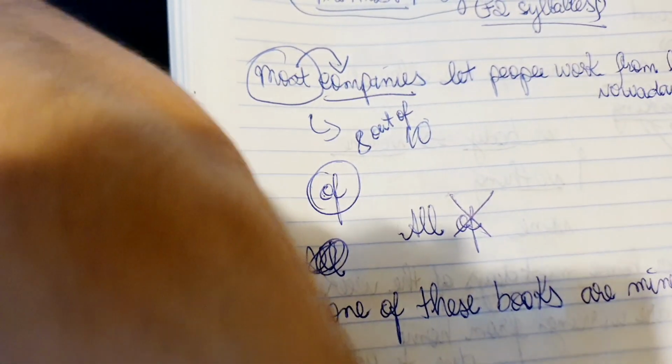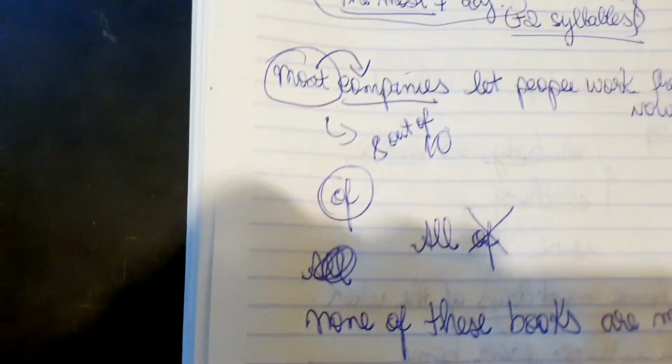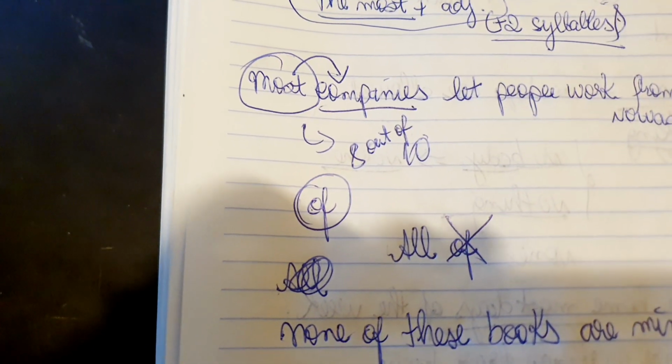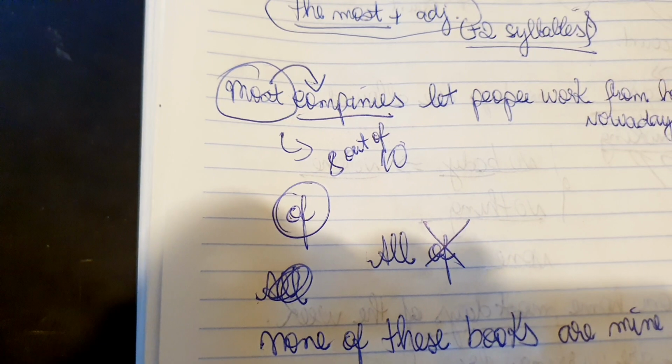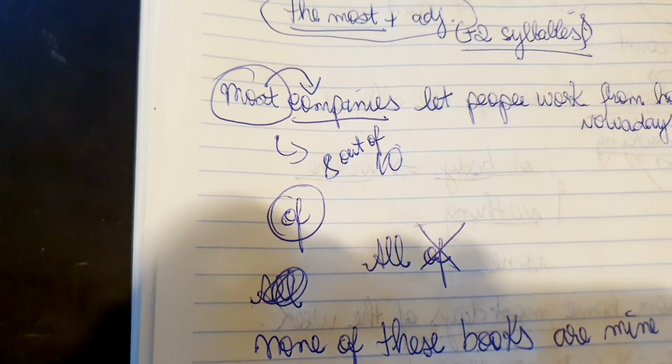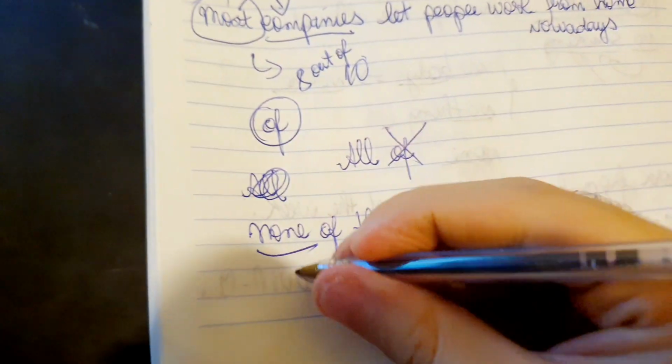When you say none of plural, I want to know what happens to the verb. None is or none are? None is an indefinite pronoun, right?